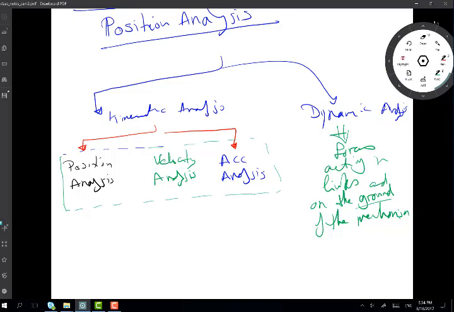Those forces are not constant in value. The forces will change with the position of the linkage.